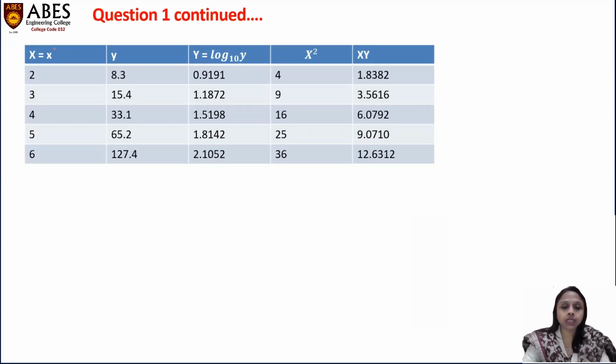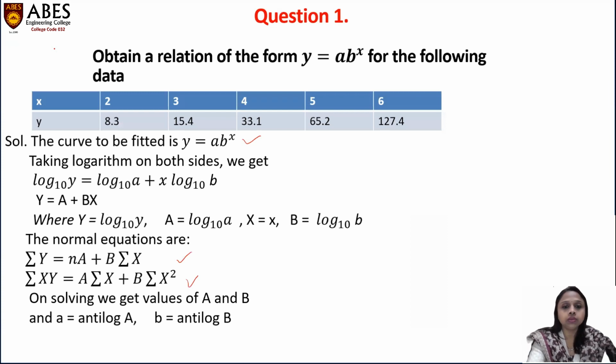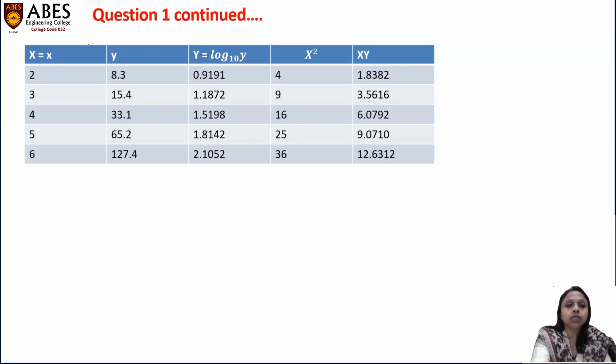Capital X remains as it is, as we have seen earlier, and we choose capital Y as log y. So capital X takes the value x as it is, and capital Y takes the value log y, so that we can find x square and x into Y. These are the corresponding values of x, y, log y. We can calculate them from the calculator. Then we have x square and X into Y.